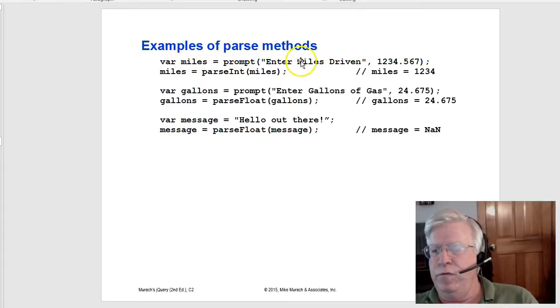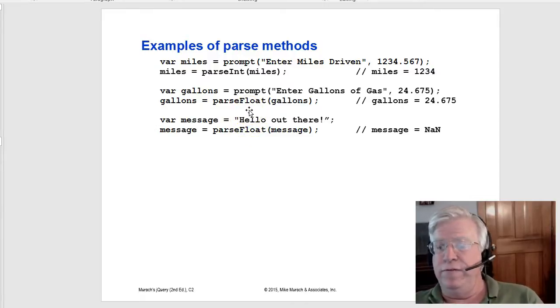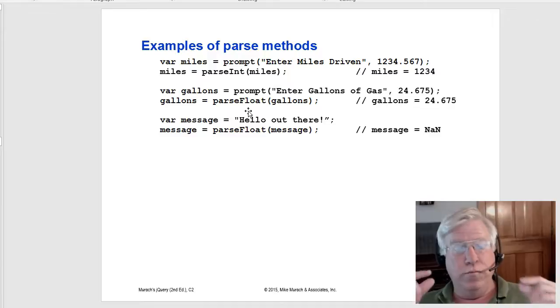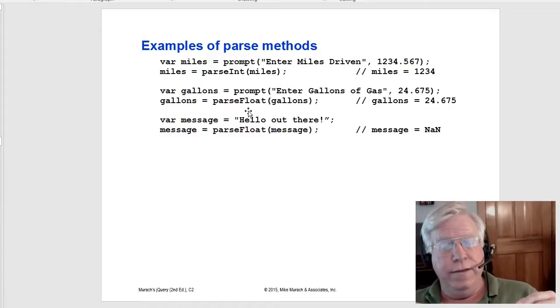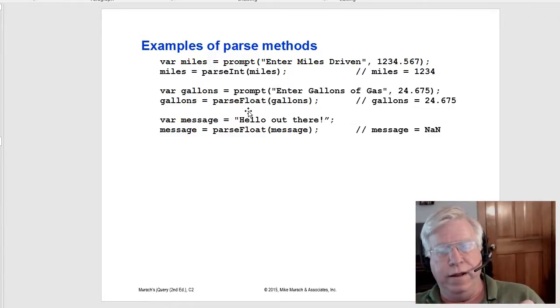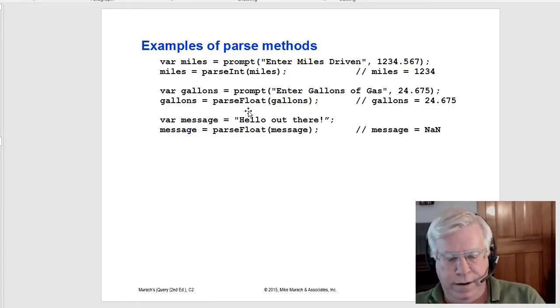Here's an example of a prompt. Prompt, enter the miles driven, and then it's parsing it. Prompt, enter the gallons, and it's parsing that. And then we could actually get the results of that. So you could do a prompt, and then do the math, and then display the alert with the answer. Give me a minute, and I'll put that code into our prof test one.